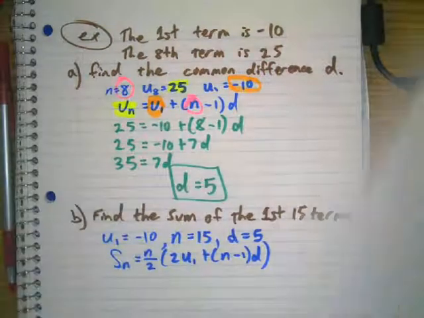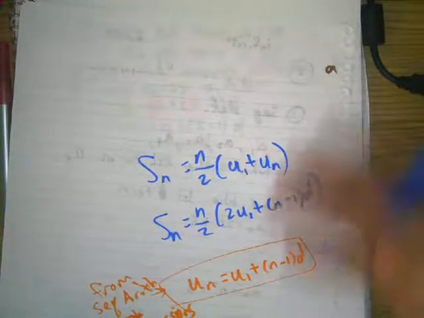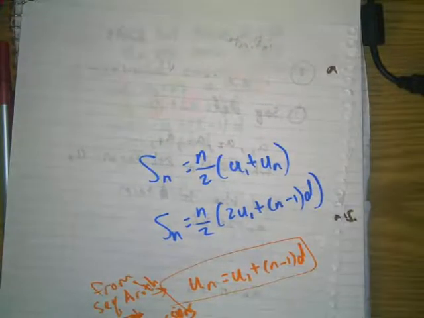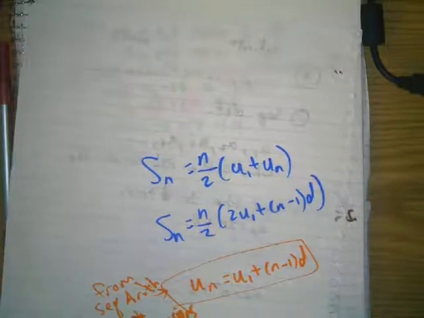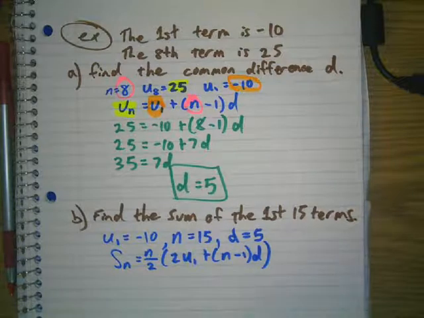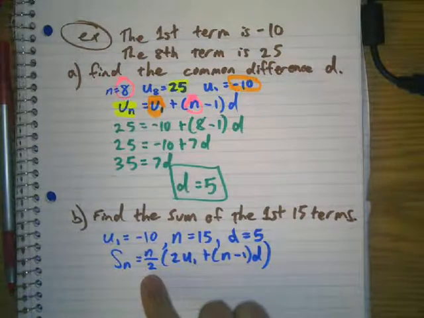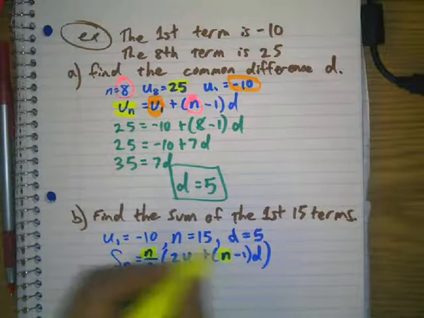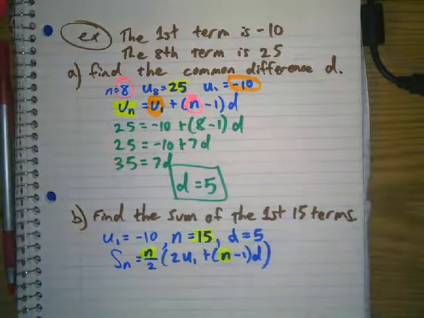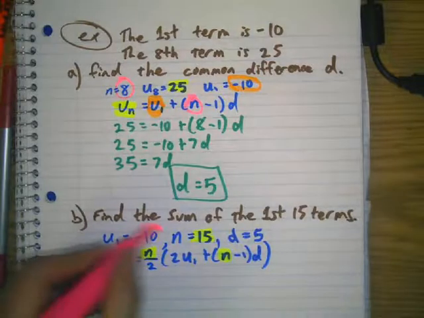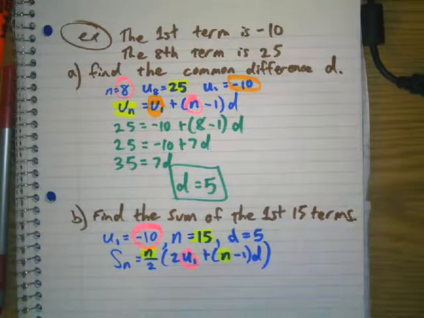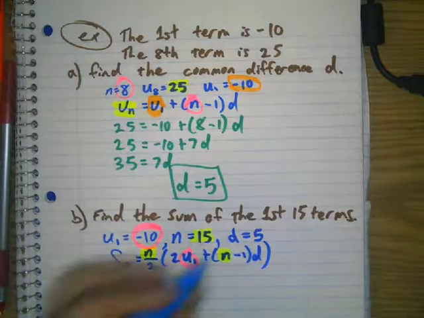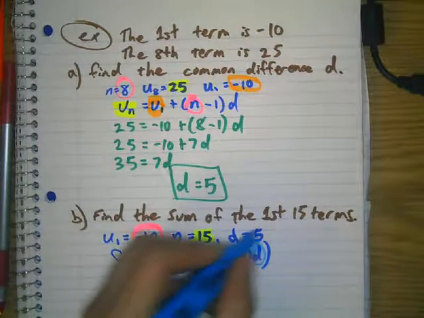Okay, so you may want to have a reference sheet to look at as you do all of these problems, just like I'm using this as a reference sheet. Okay, let's plug it in. n is 15, right? u sub 1 is negative 10, and d is 5.